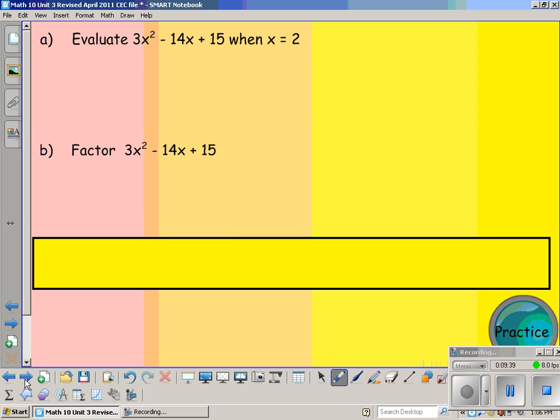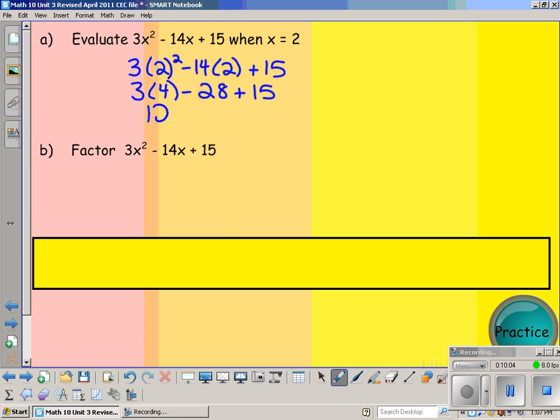All right, a little bit different. This is just understanding what it is that we're doing. Evaluate 3x squared minus 14x plus 15 when x equals 2. So we're going to replace the x's with 2, and we're going to evaluate the expression. 2 squared is 4. 14 times 2 is 28.